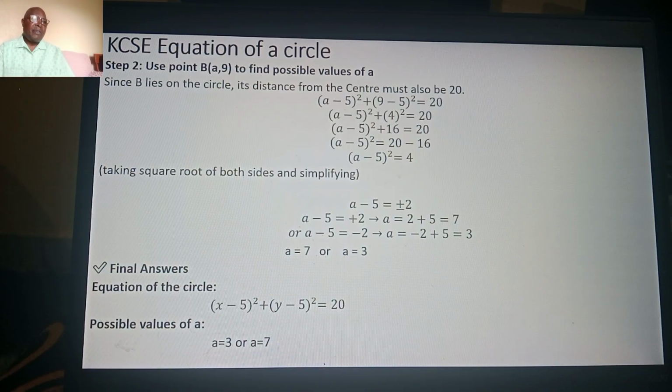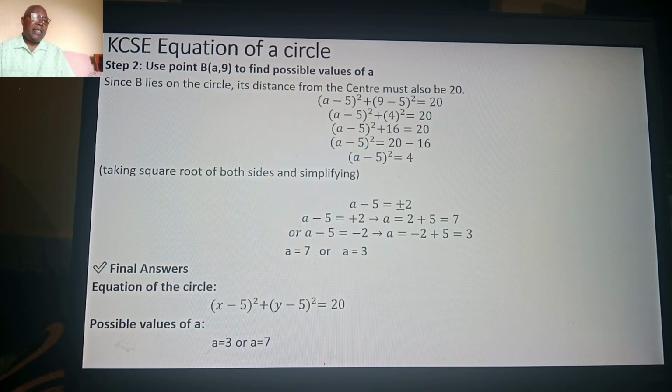a minus 5 squared is equal to 20 minus 16, subtracting 16 from both sides, and therefore you get a minus 5 squared is equal to 4. Taking square root on both sides and simplifying. Therefore, the square root of a minus 5 squared is a minus 5, and the square root of 4 is plus or minus 2.